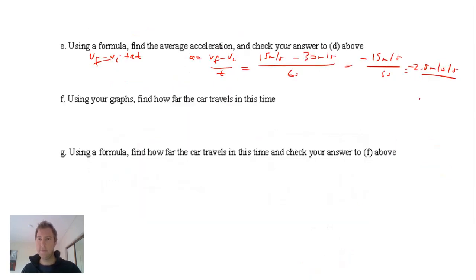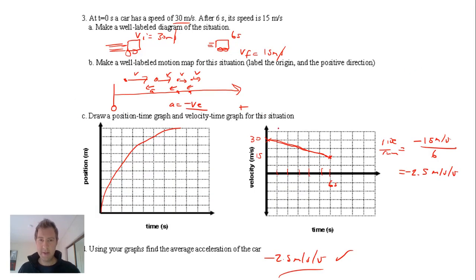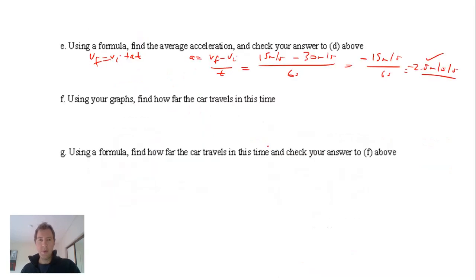Great. Cool bananas. How far does the car travel in this time? Same deal. Area under the graph. This is a bit harder though, because it's made up of a triangle and a rectangle. My triangle is half base times height.